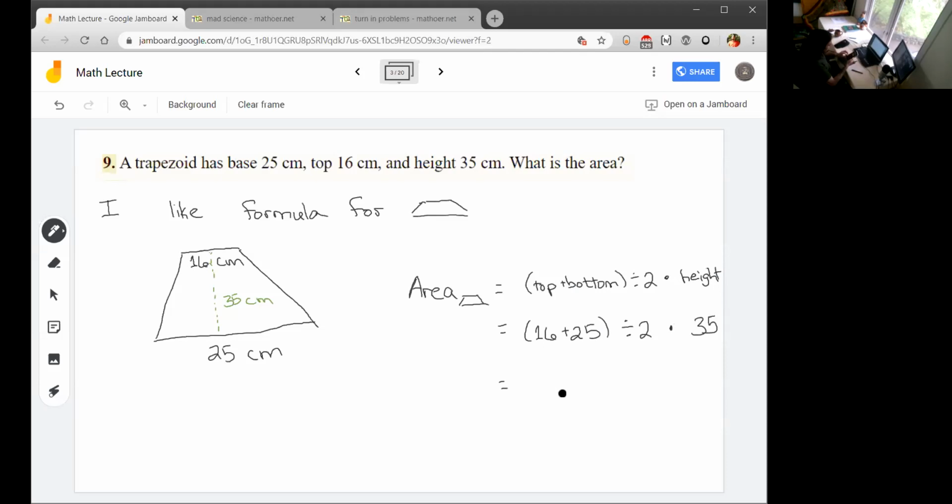Okay, so 16 plus 25, then divided by 2, then times 35. I'm getting 717.5 square centimeters. And if you wanted to write it as centimeters with a little exponent, good for you.